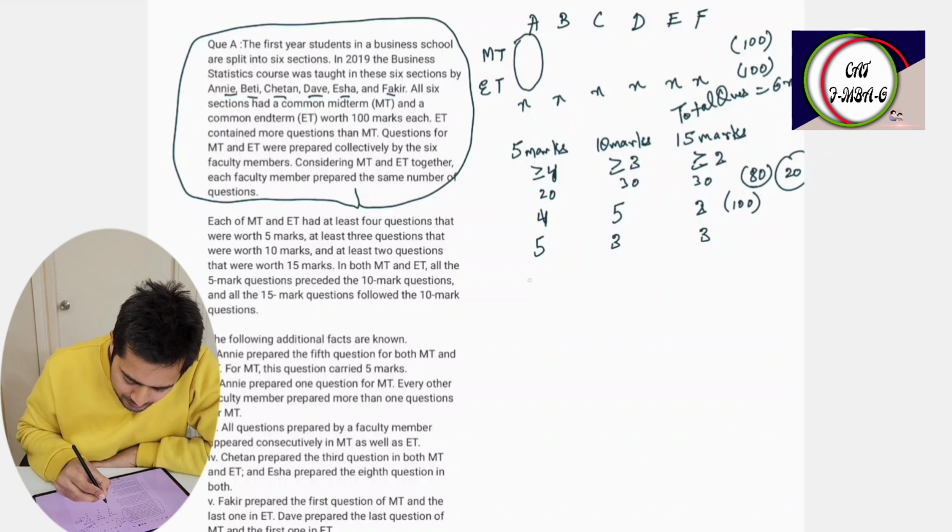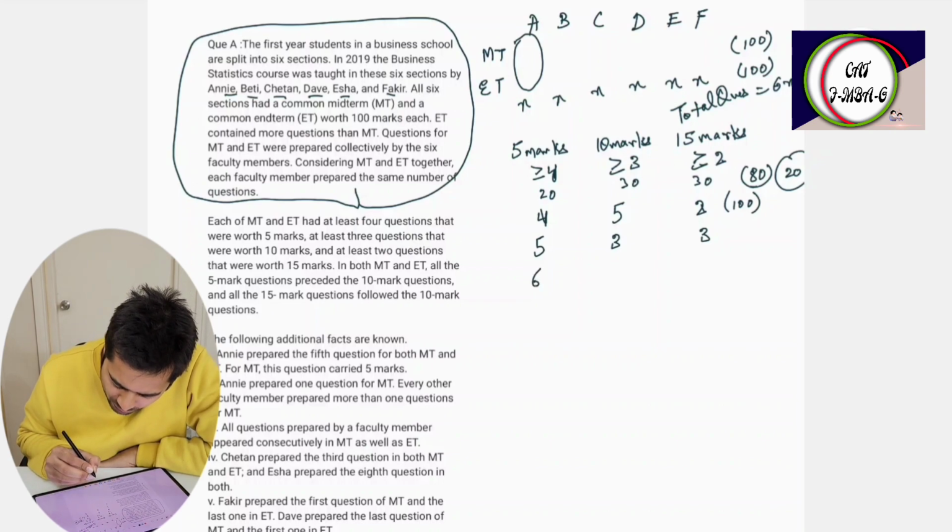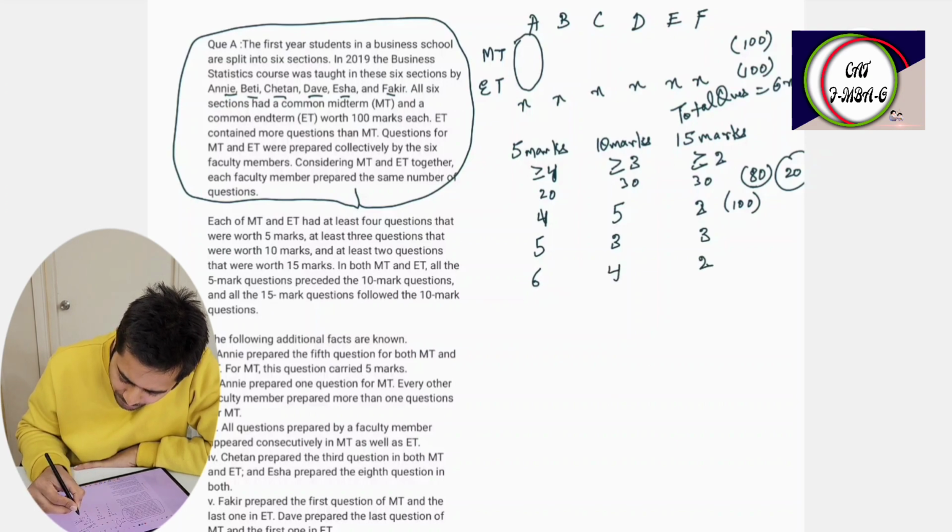Other ways, 6 questions from this, 6 into 5, 30, and 10 marks here, 4 questions from this, 2 questions from this. So 6, 5, 30 plus 40 plus 30.